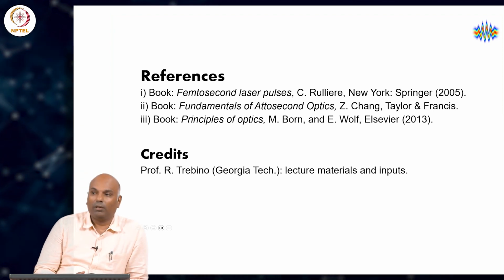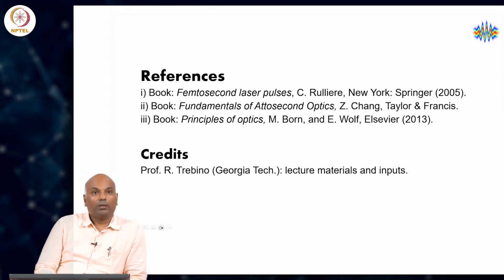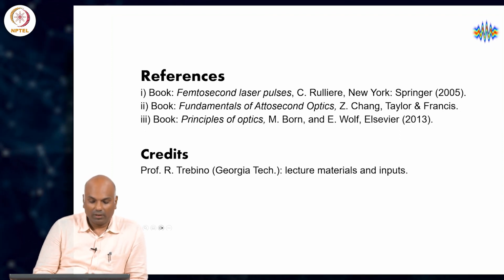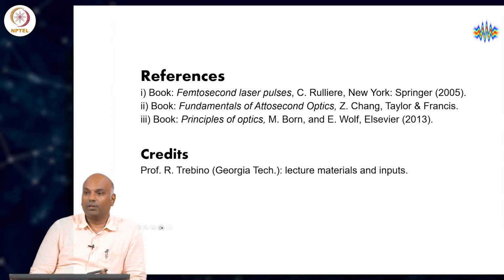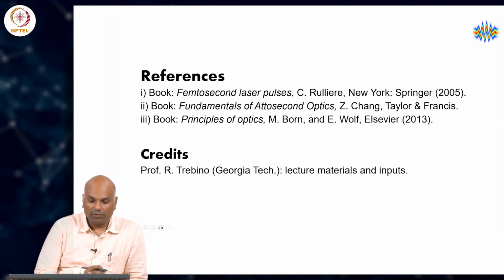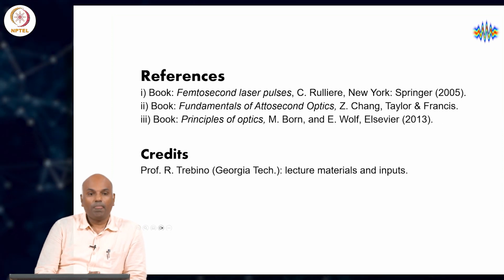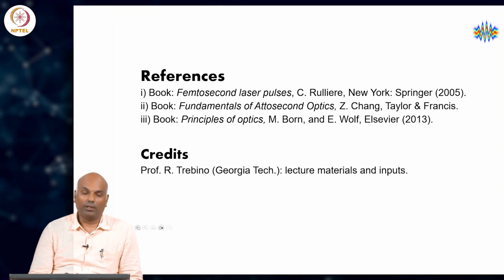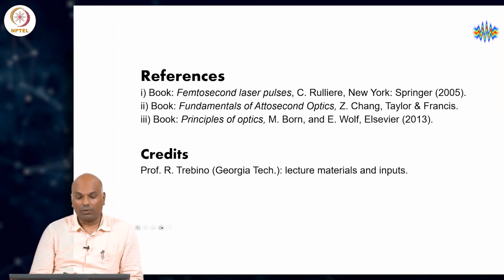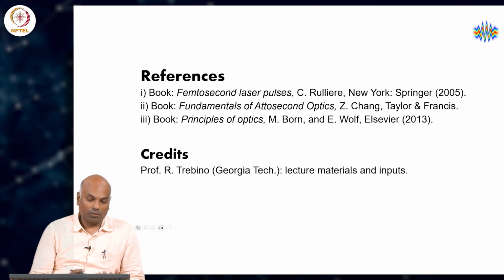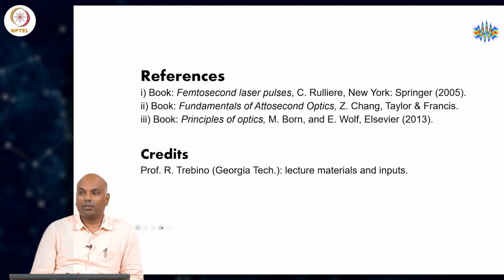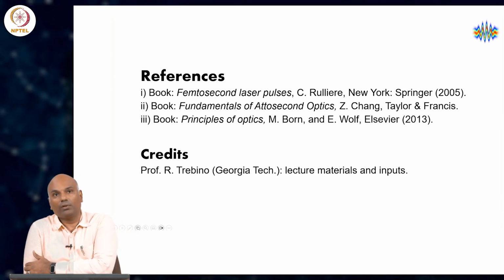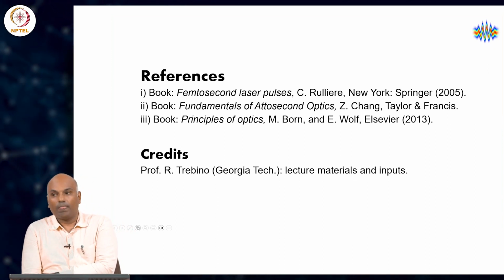Once more, our textual references are the 3 books of interest which I have mentioned here. The one on femtosecond laser pulses by Rullière. If you have access to it, the students in person should have access through the institute's library. So in whatever form you can access it, please find it and get yourself access to the reference material.